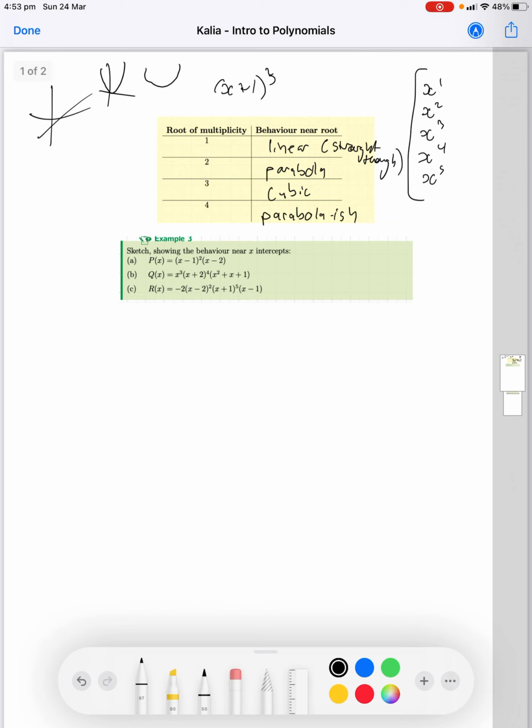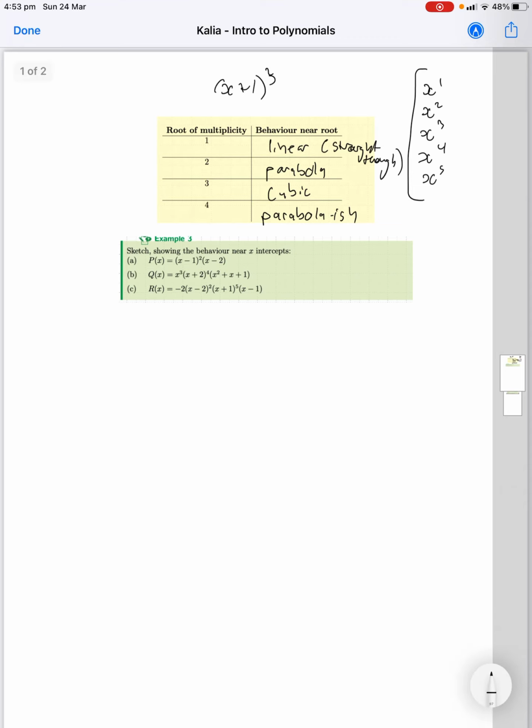The reason it has a wider rear end is that if we take a quick look at a small table of values of y equals x to the 4, we know that 1 to the power of anything is just 1. So there's 1, there's -1, and there's 1 there.